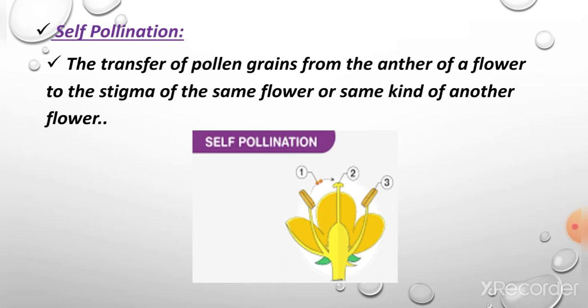Self-pollination is the transfer of pollen grains from the anther of a flower to the stigma of the same flower or of another flower of the same kind. So self-pollination means the pollen grains reach from the male part of the flower to the stigma of the female part of the flower, within the same flower or the same kind of flower.